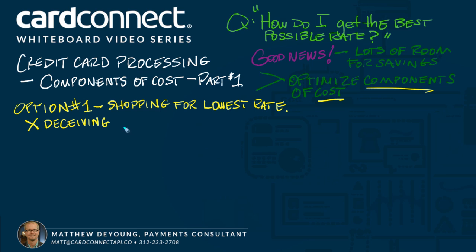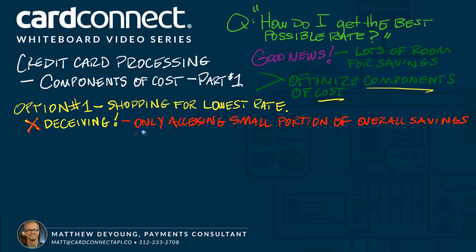It's deceiving because if you're only looking for the lowest possible flat rate, you're only accessing a small portion of the overall savings available. The overall savings available is much greater than just the lowest possible rate. So we don't want you to just access a small portion of the overall savings available to you. You want to get the whole thing.